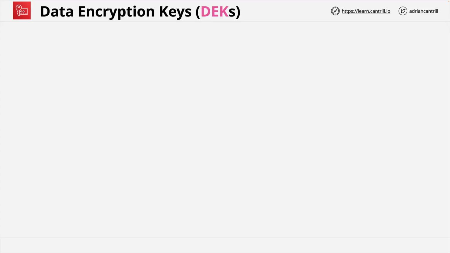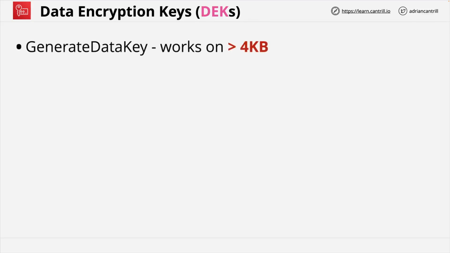They're generated using a KMS key using the generate data key operation. This generates a data encryption key which can be used to encrypt and decrypt data which is more than 4 KB in size. Data encryption keys are linked to the KMS key which created them, so KMS can tell that a specific data encryption key was created using a specific KMS key.